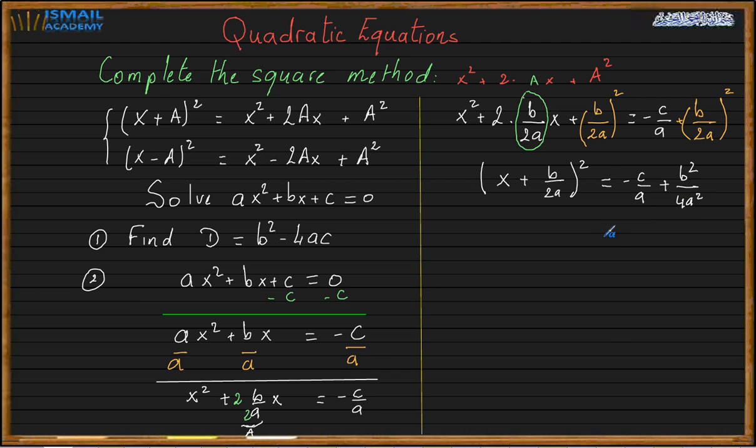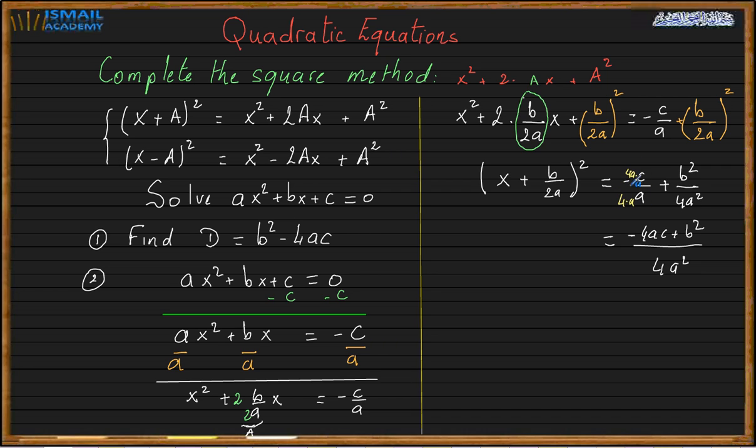So I can make a common denominator. Here I will end up having minus 4ac plus b squared over 4a squared. Why? Because the common denominator here is 4a squared. So what I do here, I just multiply by 4a, and you see, I will end up having 4a squared.